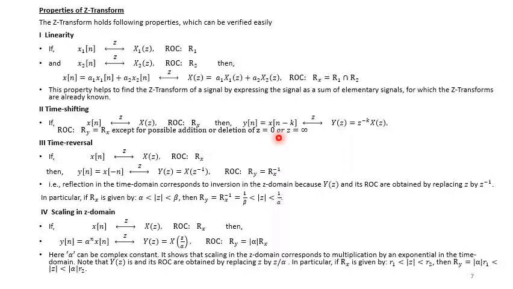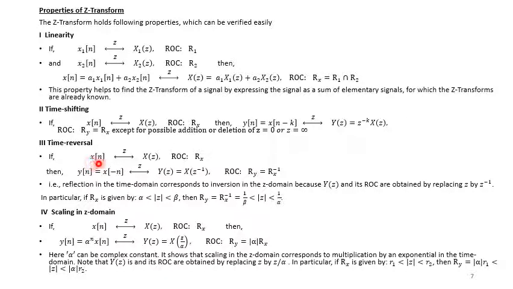The third property we are going to talk about is time reversal. Time reversal is just the reflected version of the original signal about the vertical or time axis.